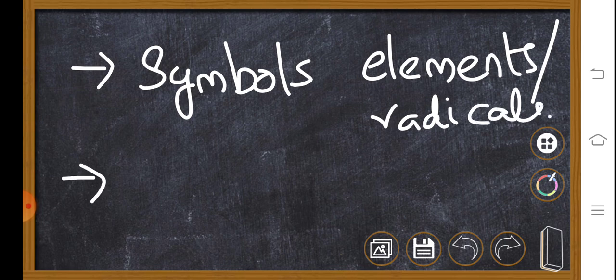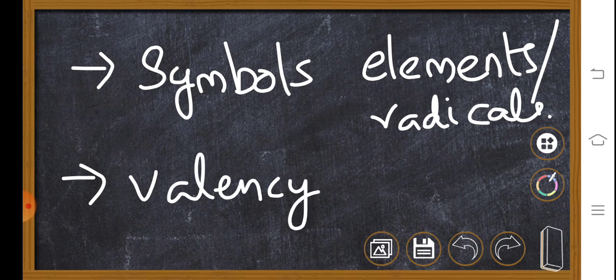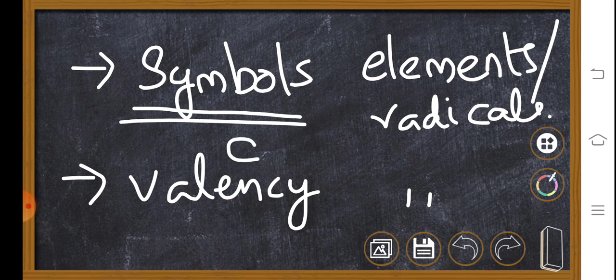Next, we must know the valency. In the earlier class we studied valency, and we must know the valency of the different elements and radicals present in that compound. So we must know the chemical symbols. If it is carbon, C is the chemical symbol.